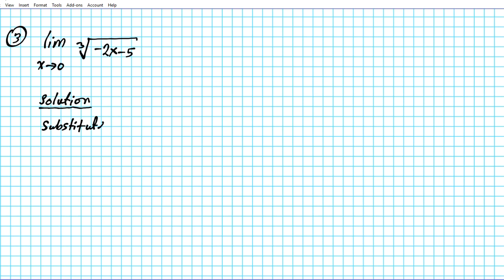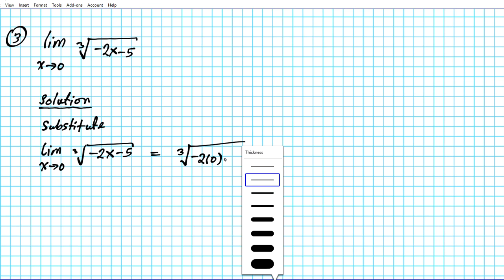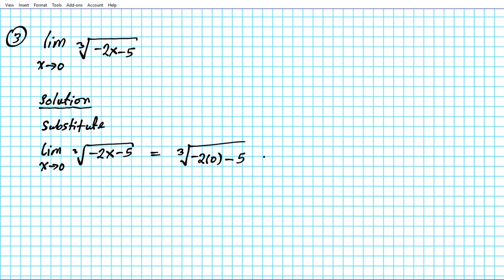So we substitute. So we have the limit as x approaches 0 of the third root of negative 2x minus 5. Substitution means that we're going to plug in what x is approaching into the function. So we need to find out what is the third root of negative 2 times 0 minus 5. Alright, so if we do that, we have the third root of negative 2 times 0, which is 0, minus 5.